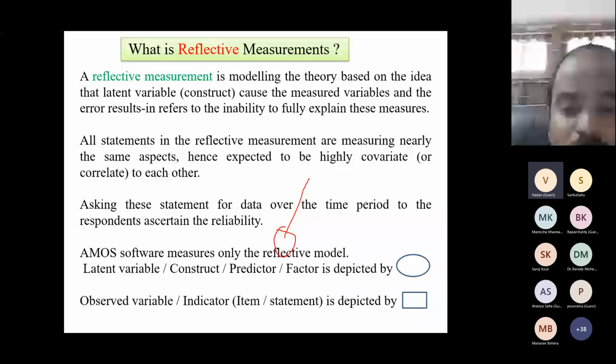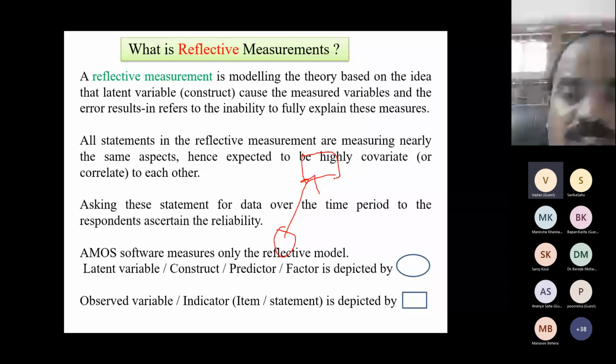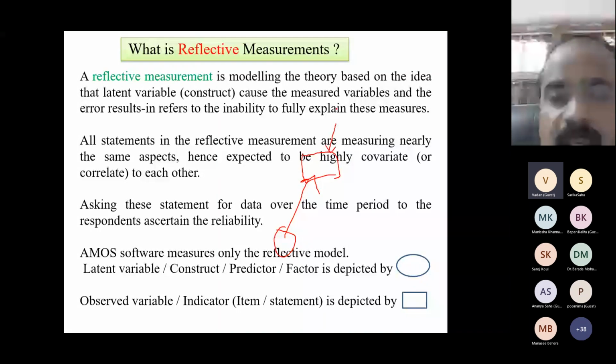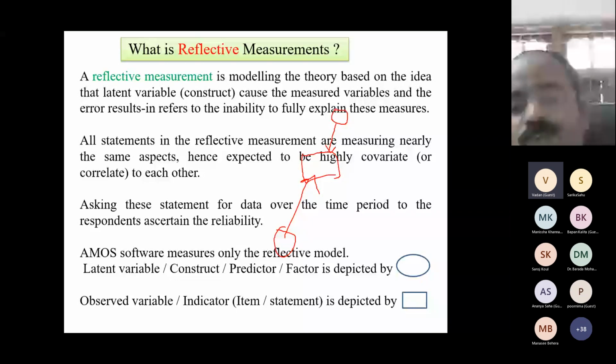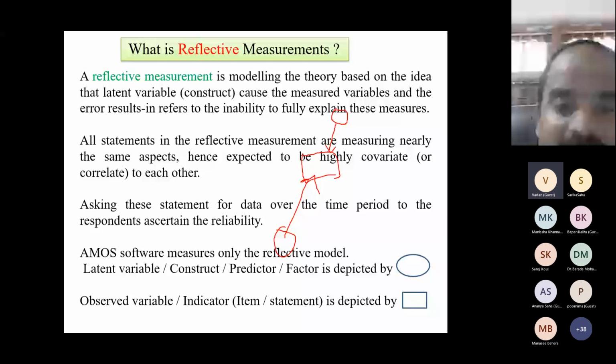The arrow mark goes from the latent variable towards the indicator, causing the indicator or exogenous variables or independent variables. Because it cannot cause the independent variable fully, some errors are there. So how are the errors indicated in SPSS? By this way, look at my screen. Likewise, the latent variable is causing another indicator.